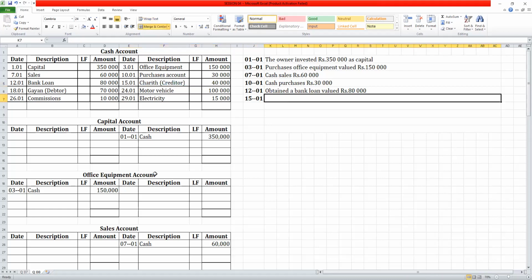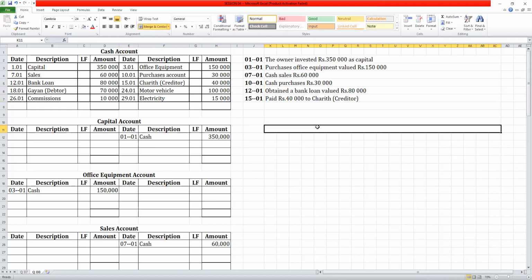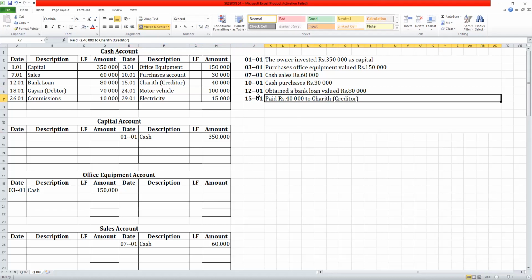The transaction is this. Paid rupees 40,000 to Charit, within brackets, creditor. We have paid 40,000 to Charit, a creditor. You have to debit Charit's personal account.